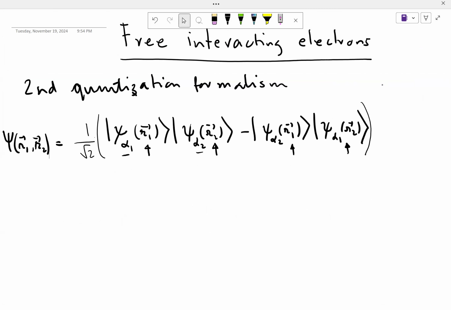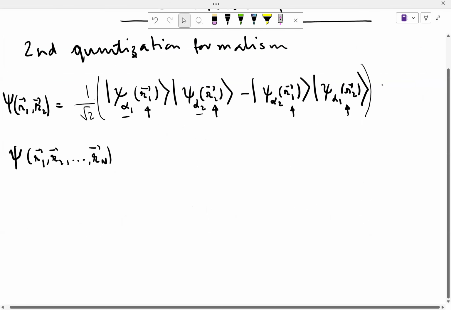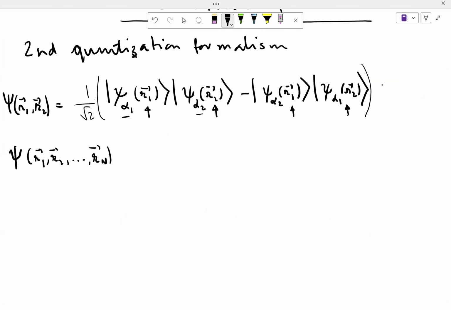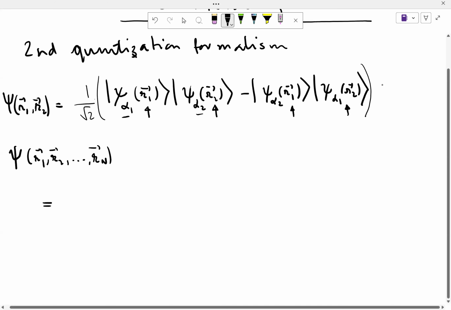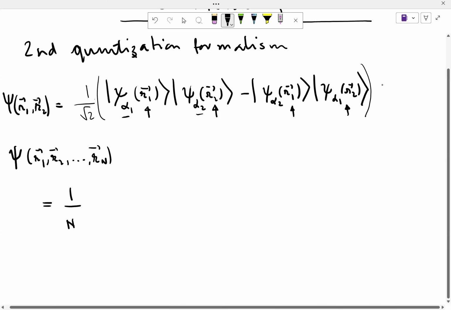If you would like to extend this to a higher number of particles, we can simply take the same idea and move on to n particles. At this stage, it will be very cumbersome to write down the entire superposition, so we write this wave function as a determinant.